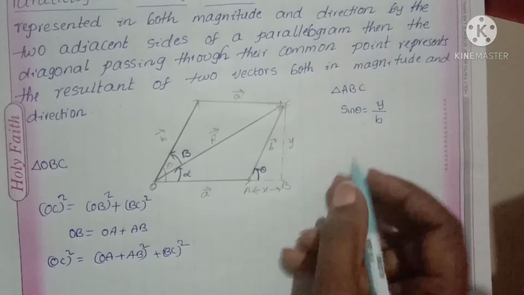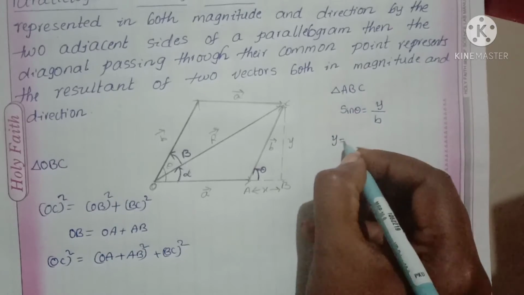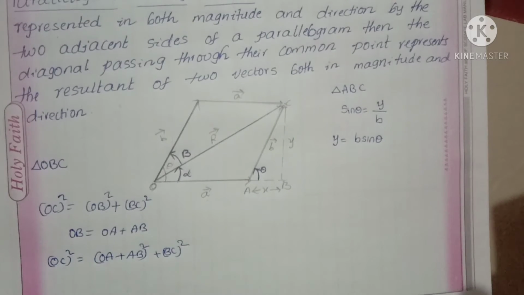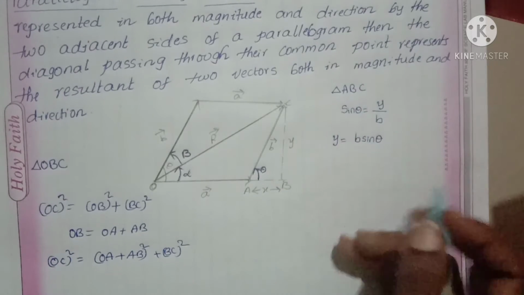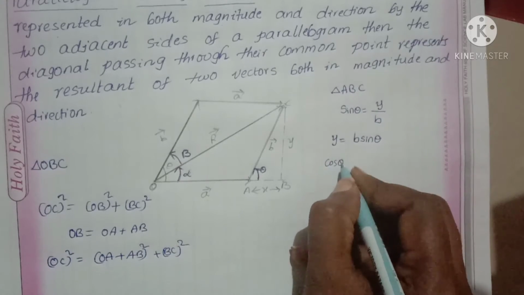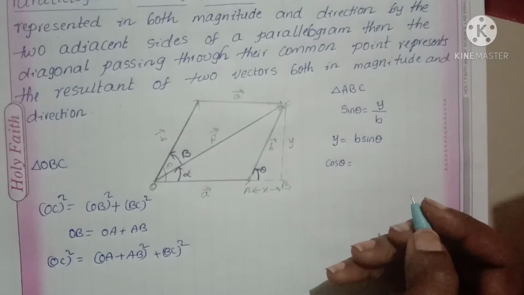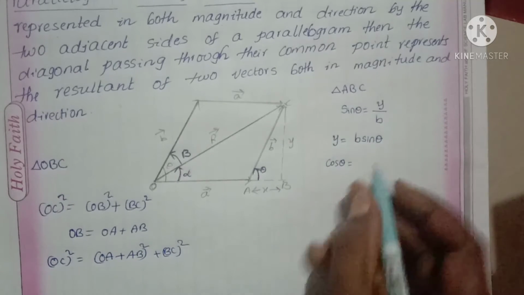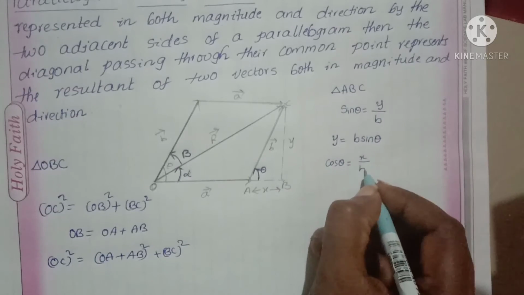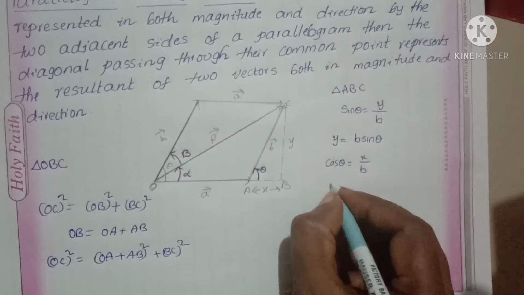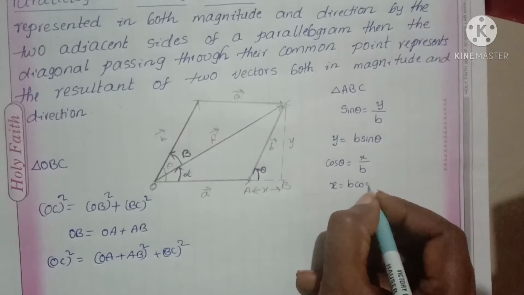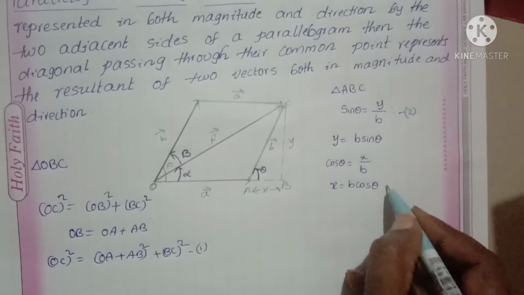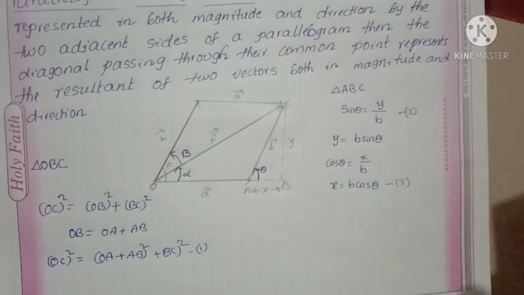So y equals b sine theta. Next, by this triangle only we can write cos theta. Cos theta is adjacent side by hypotenuse. For this triangle, x is the adjacent side for theta. So x by b. So from this we can write x equals b cos theta. So this is equation number 1, this is equation number 2, and this is equation number 3.